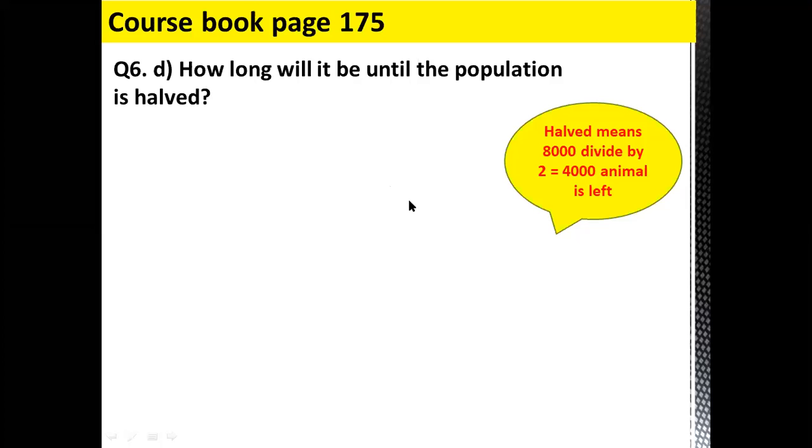6 years. Okay, now this is the equation that we've been working on, Farah. When it says population is halved, I put 4,000 in place of population. Yalla, help me, Farrouha.